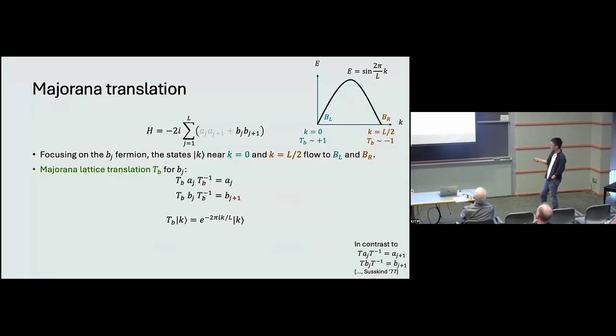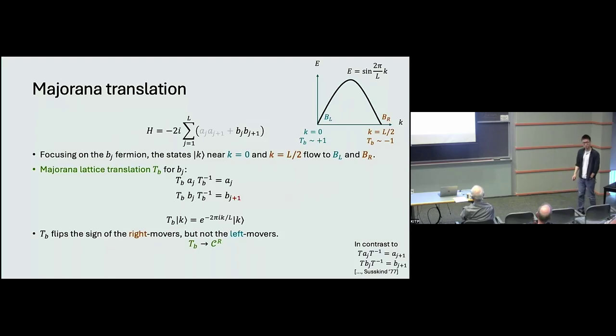And therefore, this lattice translation operator that only shifts the real B fermion is the guy we are after. This is the lattice operator that, as you take the continuum limit, becomes the right-moving charge conjugation symmetry, which flips the sign of a single Majorana Weyl fermion. Okay. So we found the symmetry, T_B, that goes to the charge conjugation symmetry.